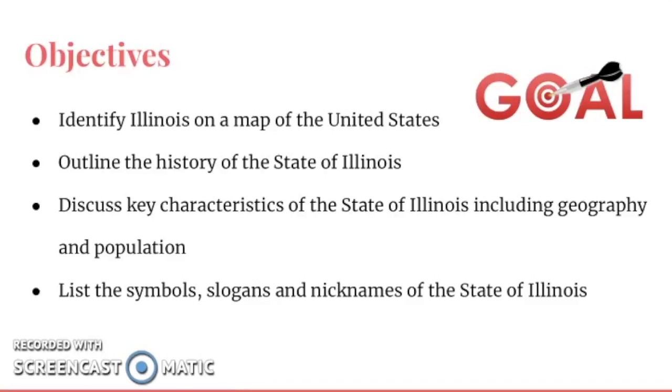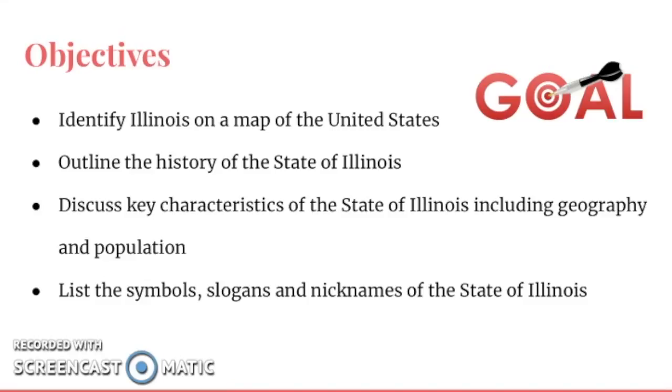Okay, we've set some objectives for our fourth grade students. We not only want our students to identify Illinois on a map of the United States, but to take a step back and identify their continent and country on a world map as well. We want them to be able to outline the history of the state of Illinois and really pull out those important events that shaped our state for what it is now.